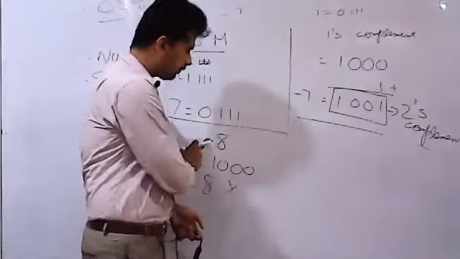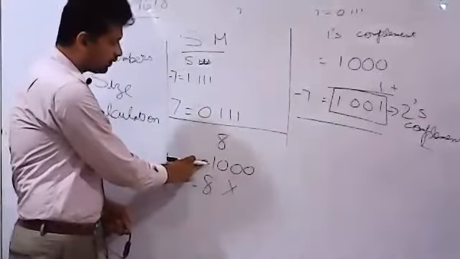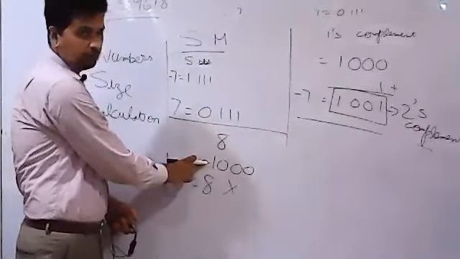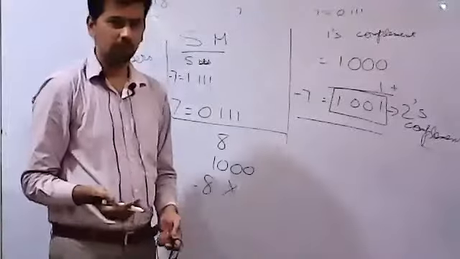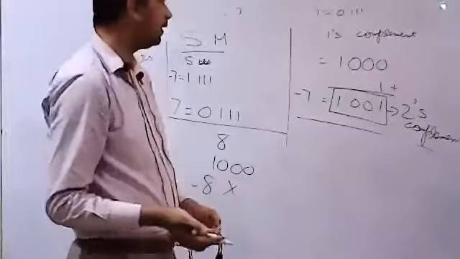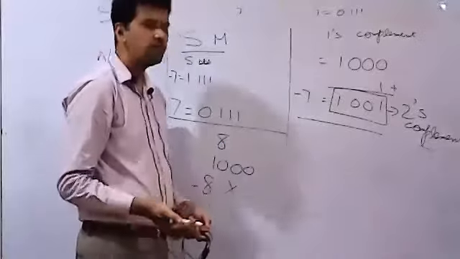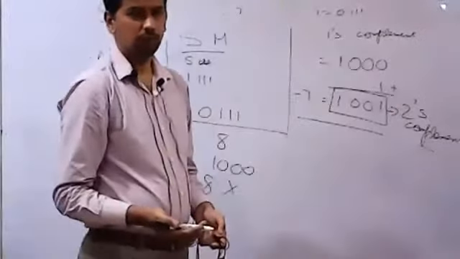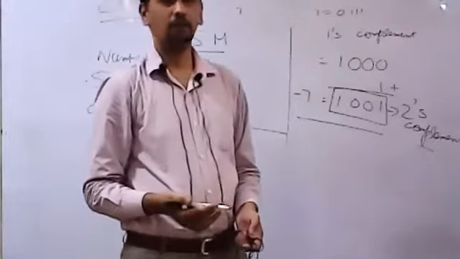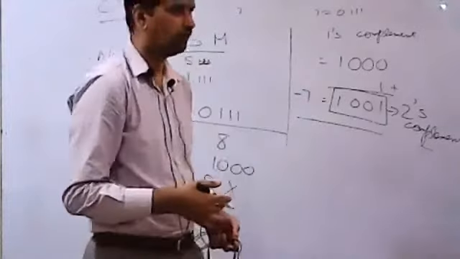If it was the positive value, it should have the 0 here, and that is also not the case. So the sign magnitude method can cause a lot of difficulties. There's one more thing. The sign magnitude method might also treat the 0 differently. It might also create a negative 0 and a positive 0. And that is again a problem for our calculation.